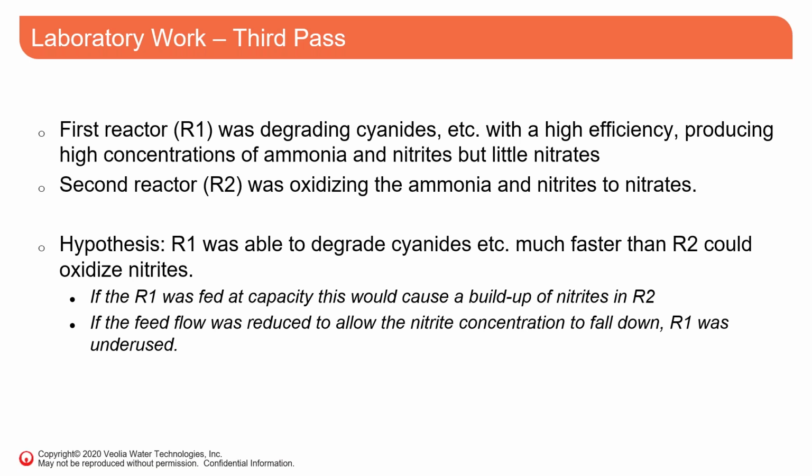Maybe the first reactor is too efficient, and there's a problem between the two reactors. If you feed to the capacity of the cyanide degradation, there will be too much to remove for the nitrification reactor. And on the contrary, if you feed the treatment chain to accommodate the nitrification, your cyanide degradation will be less efficient.